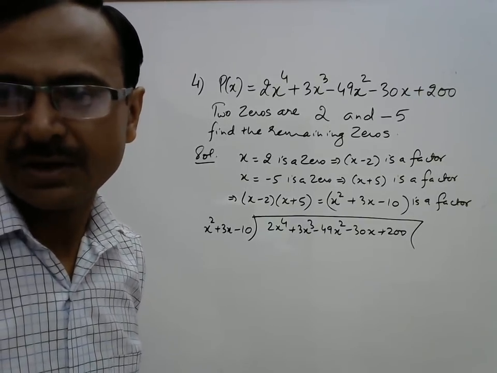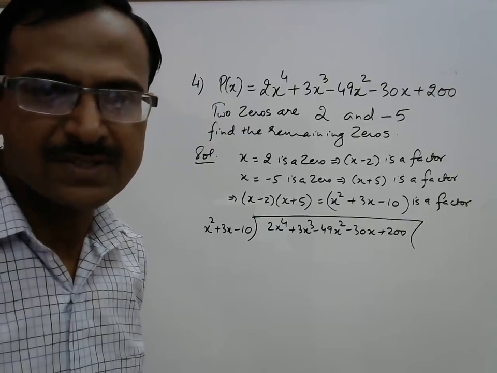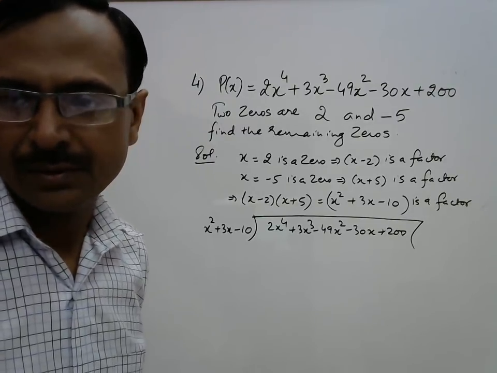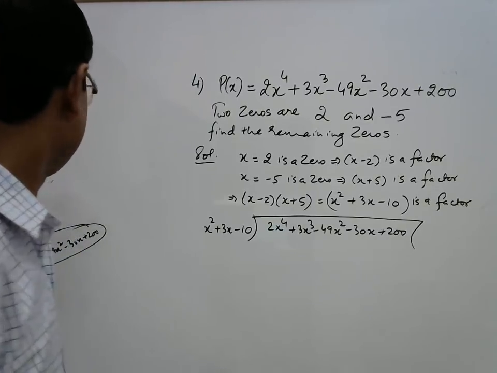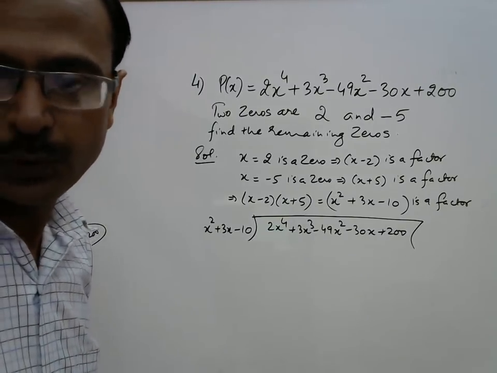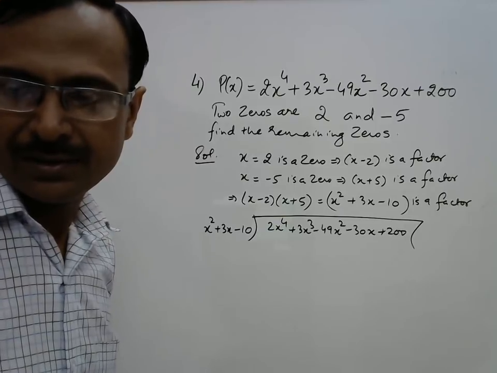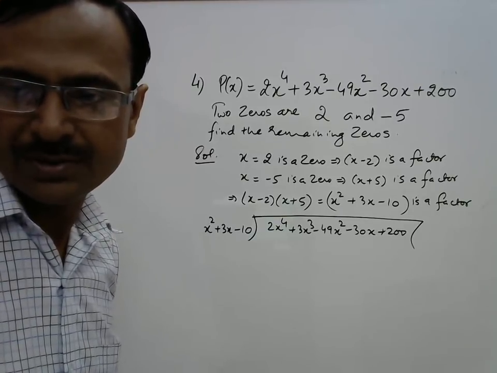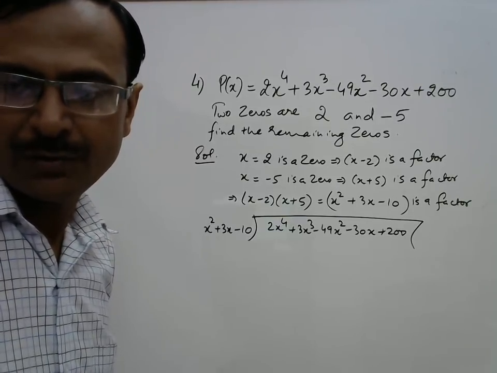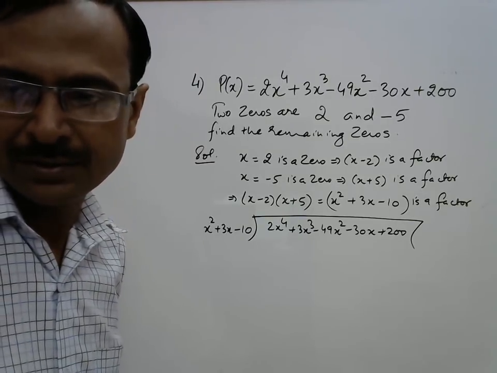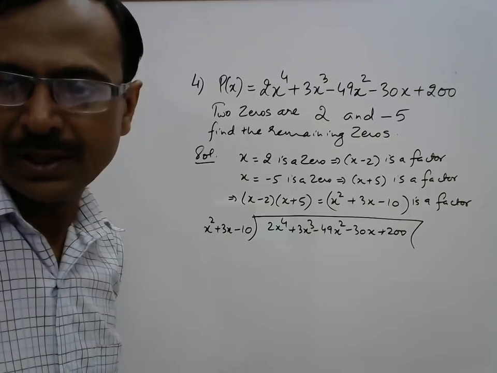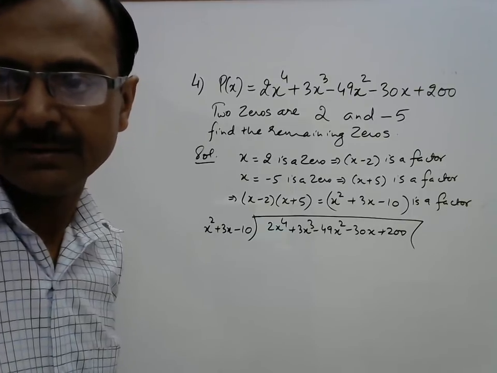So most of you are stuck with the long division. So there must be some error. So we have one answer there, Sachin: minus 5 by 2 and 4. Let me just check with some other students. Sachin, you got the remainder as 0, right? If the remainder is 0, then your answer should be correct.